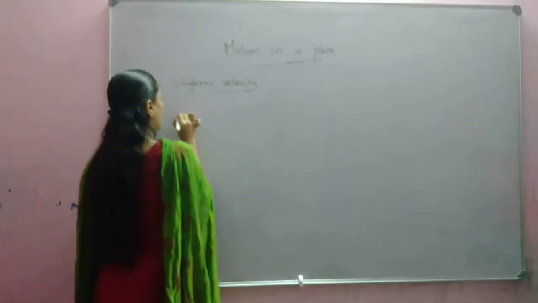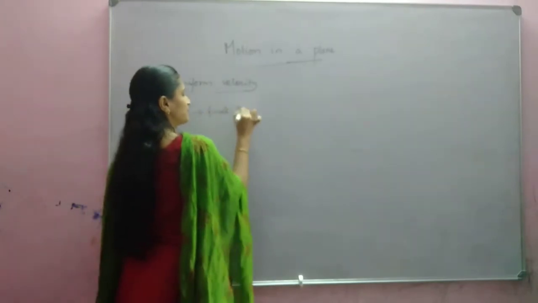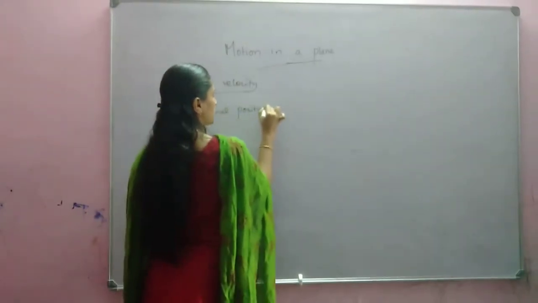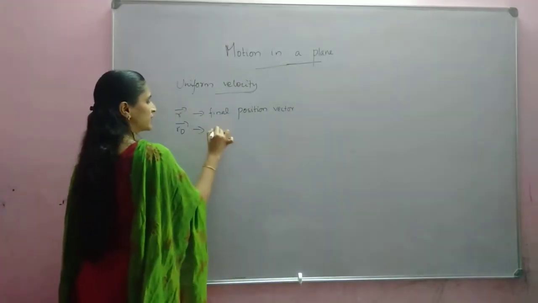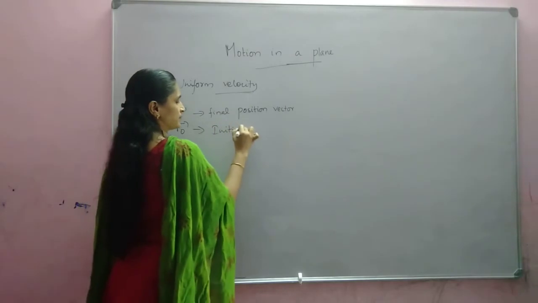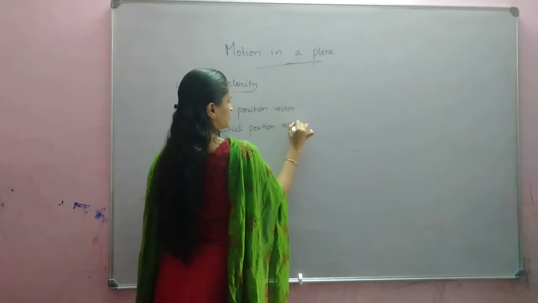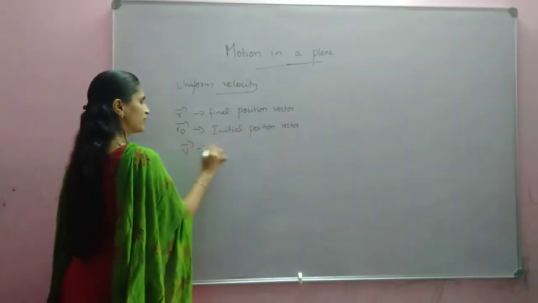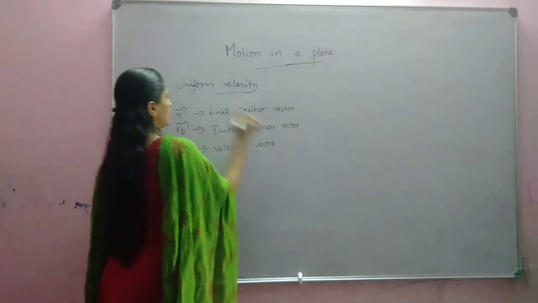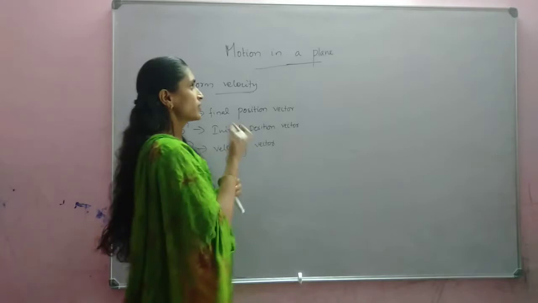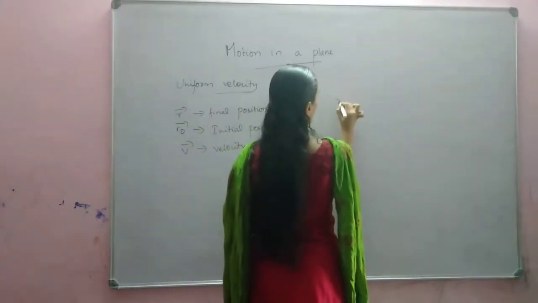So if r is the final position vector, and r0 is the initial position vector, and v is the velocity vector, for the object which is moving with uniform velocity in a plane, we can write displacement is equal to velocity into time.